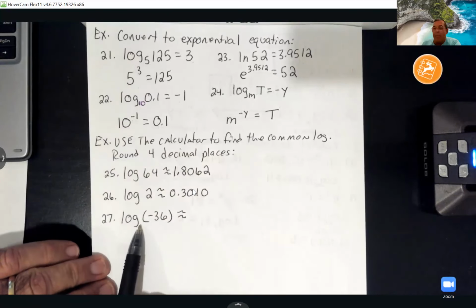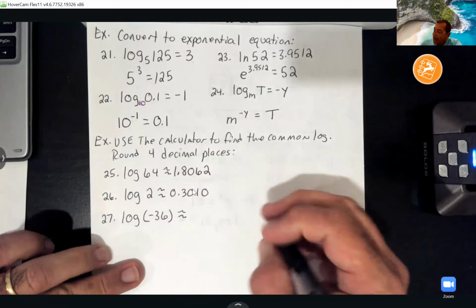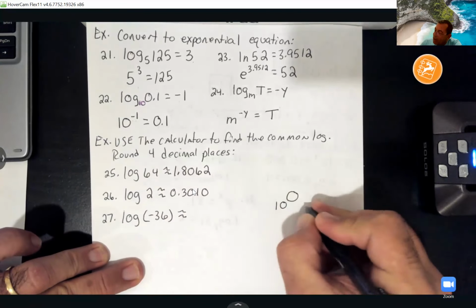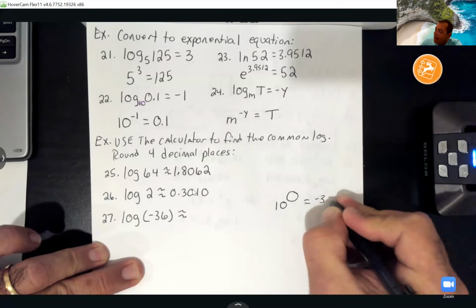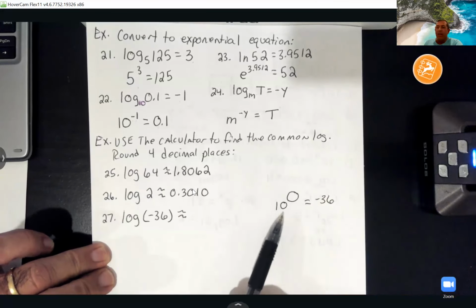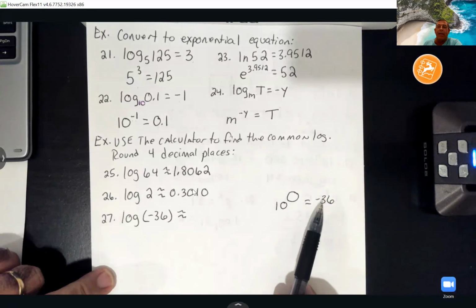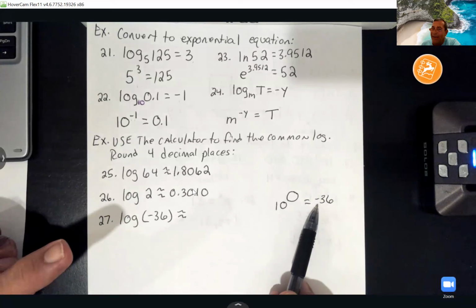Okay. So think about this. You got a 10 here, right? And you don't know what this exponent is, but that's got to equal a negative 36. There's nothing in the world I can do to that 10 and make that thing turn into a negative number, right?